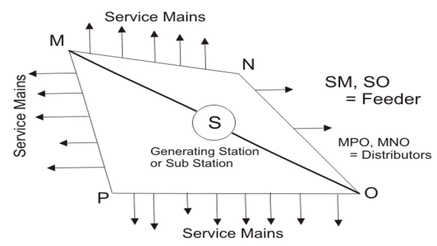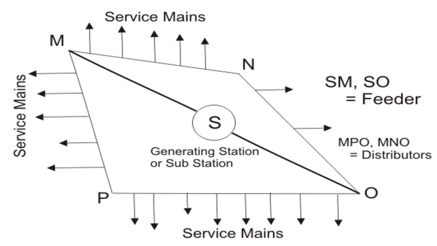So in this figure you can see a generating substation, and that is S. From this generating substation, a wire SM and a wire SO are coming out. The line that is directly connected to the generating station is called feeder, and the branches coming out from the feeder, in this figure MPO and MNO, are distributors.